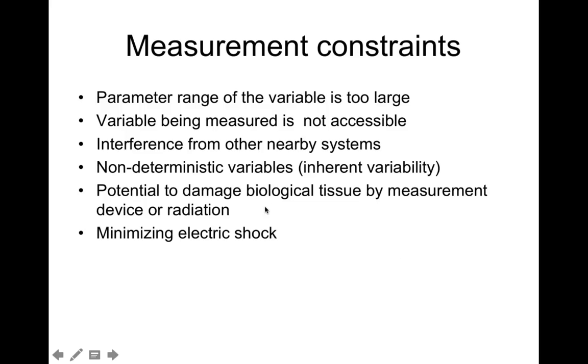So every measurement that you make has an inherent risk, or most measurements have an inherent risk. There are very few passive measurements, especially anything that is invasive to the body contains certainly a potential for damage, and that would include radiation. And then finally, the desire to minimize electric shock will sometimes introduce a constraint onto the system.